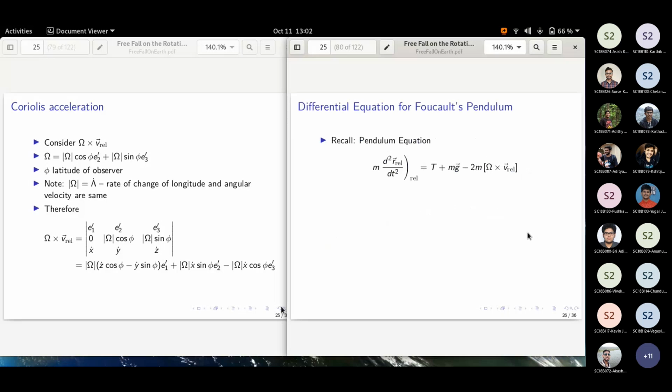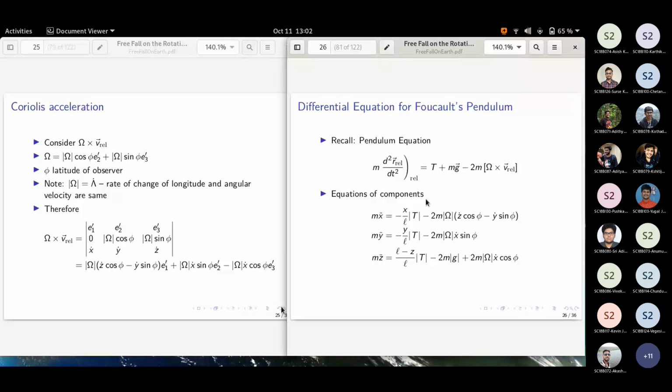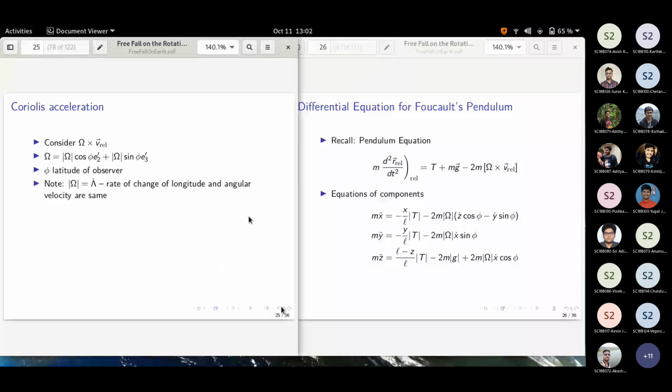No questions. Okay, so let us now substitute in this equation the relative acceleration on the left hand side, then the remaining components on the right hand side. If you simplify these equations, you get these expressions, because T we have already expressed. I will just go back one slide and show.